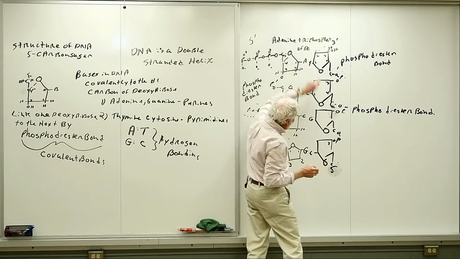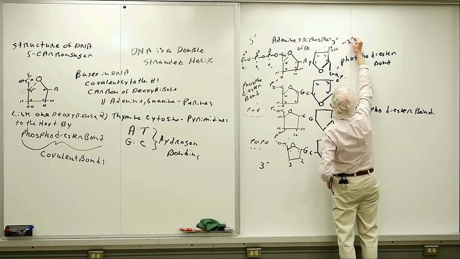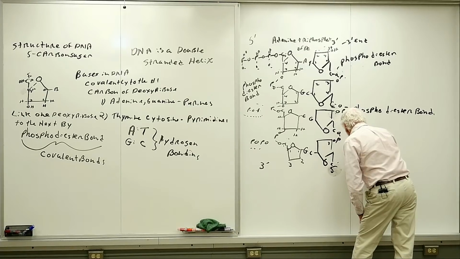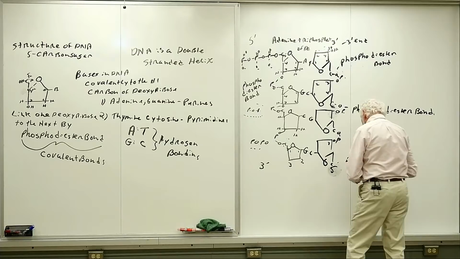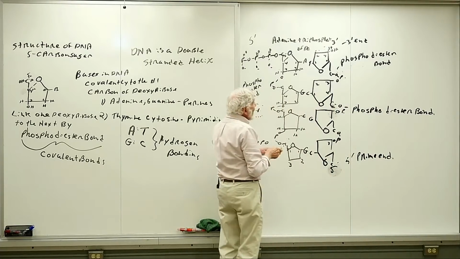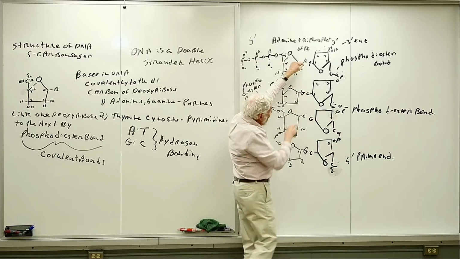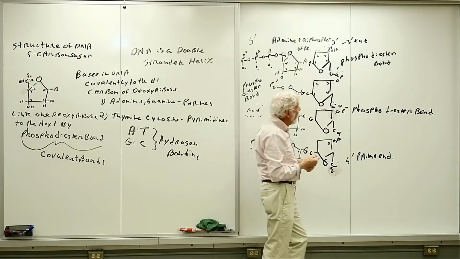So that means this strand is oriented in such a way that this is the 3' end, and this is the 5' end. This idea that the 2 strands are running more or less opposite to one another is the idea of the anti-parallel organization of the DNA molecule.